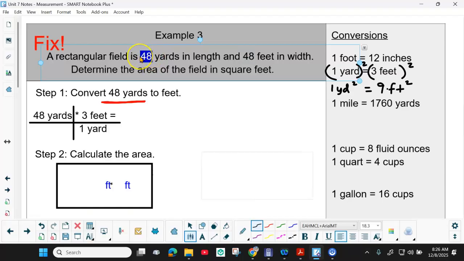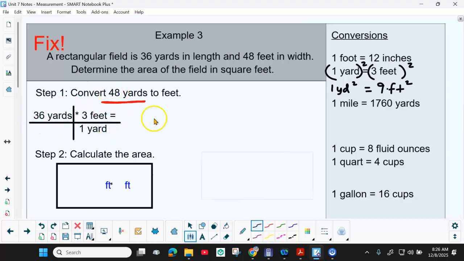I'm thinking I already did the problem. Okay, cross out this 48? No, the 48 yards. Just change it, like in step 1. Okay, what I had originally. Yeah, what you had. We can just cross out yours and put 36. That'd be easier, since this is already kind of done here. All right, so forget 48 and just change that to 36.